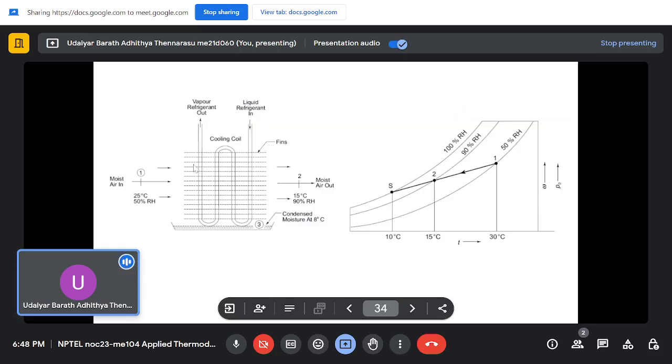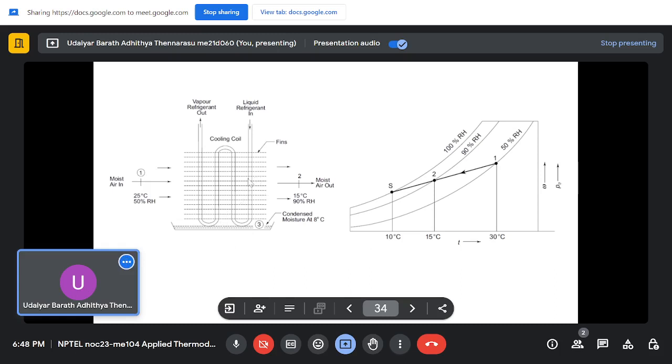So this is a cooling and dehumidification process. You have a cooling coil, so you are passing a refrigerant and you are passing air over it. So air is at 25 degrees Celsius and 50% relative humidity at the inlet, and when it passes through the coil, water vapor will condense and it will get accumulated at the bottom.